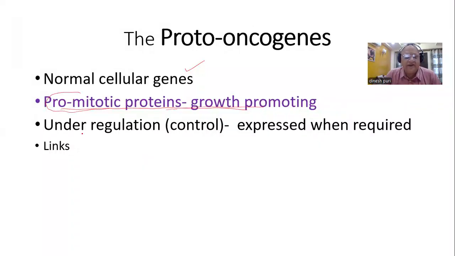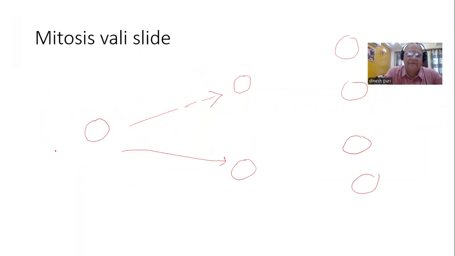And one more point, proto-oncogenes are under meticulous control. They are under regulation. So they are expressed only when they are required. This point needs elaboration. I'm going to talk. You can take down if you want. They are linked in the signaling pathways. They serve as links in the signaling pathway normally.